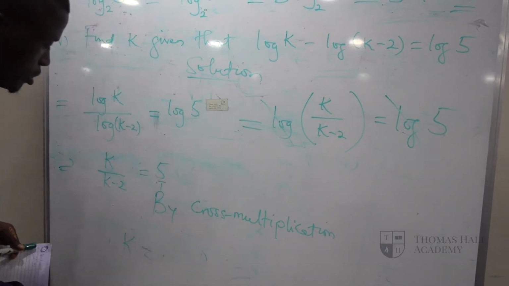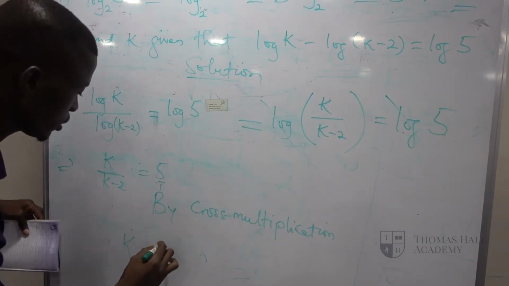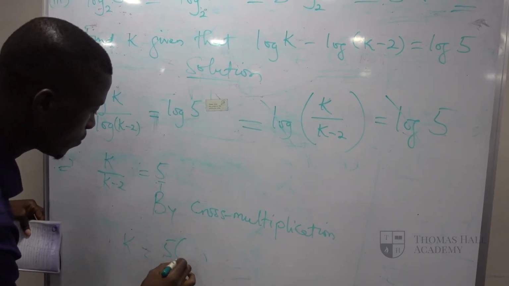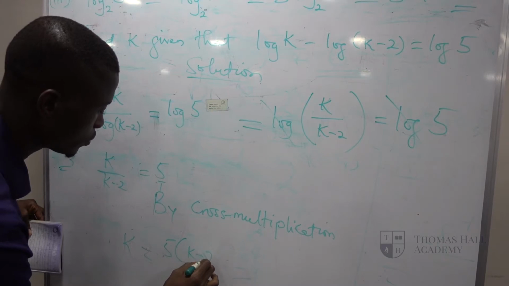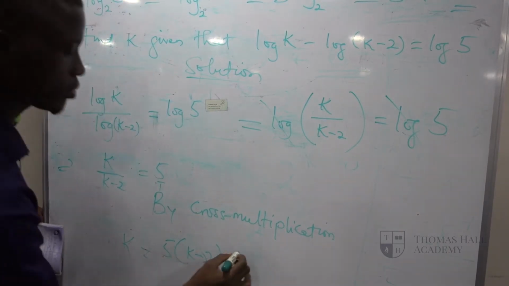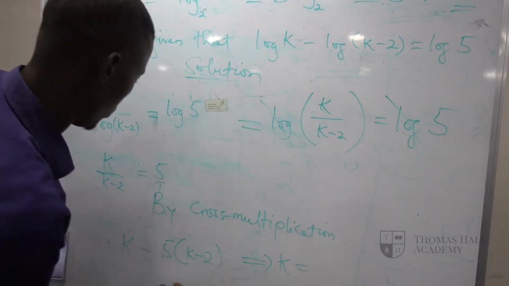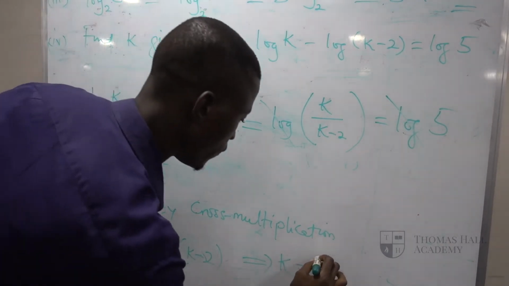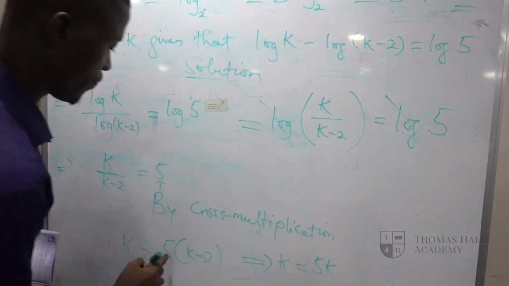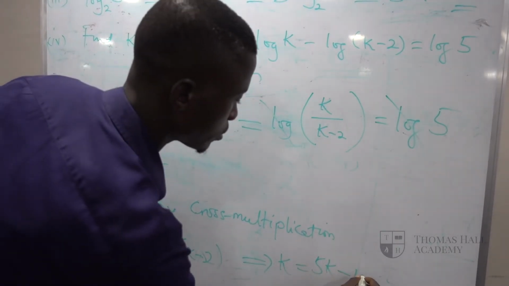Again, let me put it this way so it makes for easy understanding. 5 brackets k minus 2. That's cross multiplication. Then we have k equals 5 times k, 5k, 5 times minus 2, minus 10.